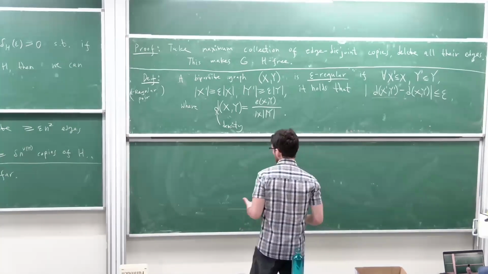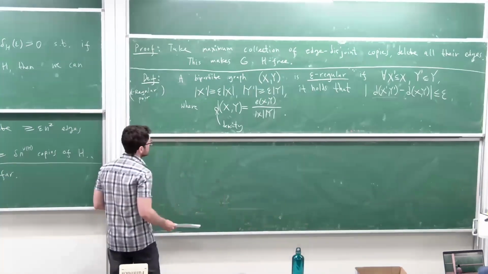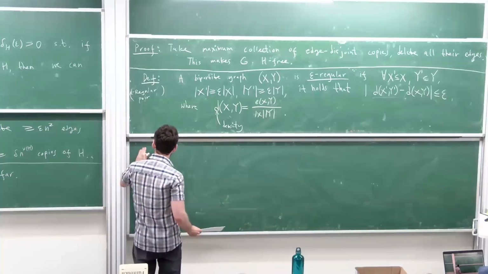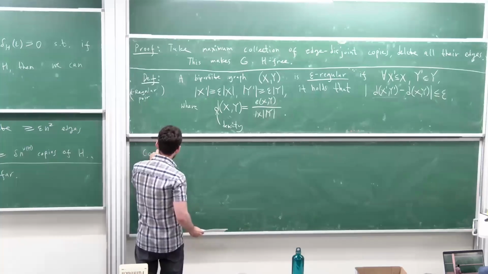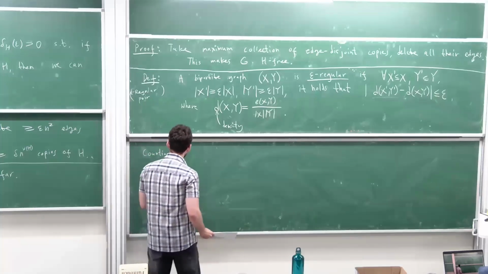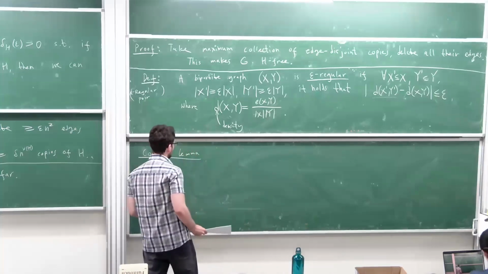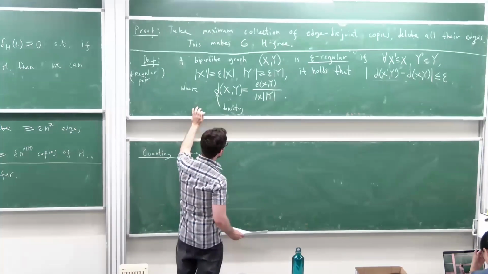And the important property that we'll use is called the counting lemma. I'll state the general form of it.